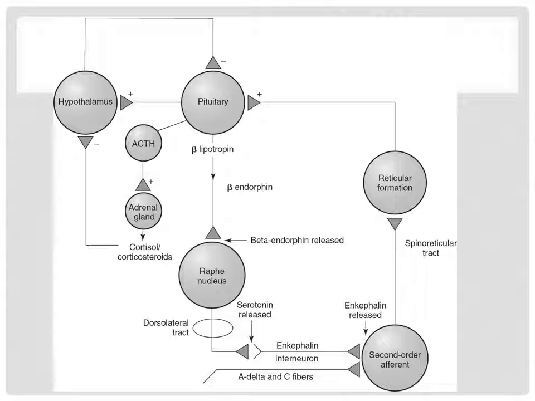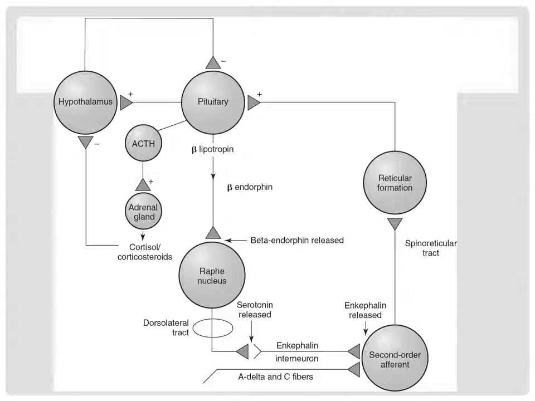Now the idea here is that you're actually going to produce what are known as, again, your beta endorphins. These beta endorphins are naturally produced in various areas of the brain, and they affect the body systemically. So there's a little bit more of a systemic pain relief that's going to occur with this, which is part of the reason for the more long-lasting effects of it. Again, this type of pain relief is known to last, in some cases, upwards to 6 hours.